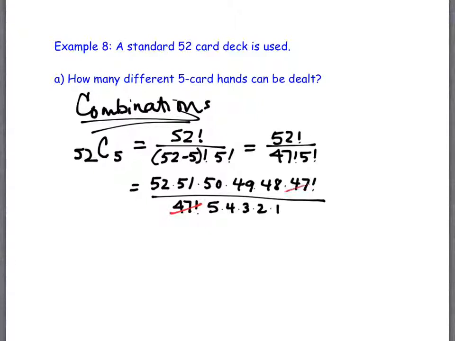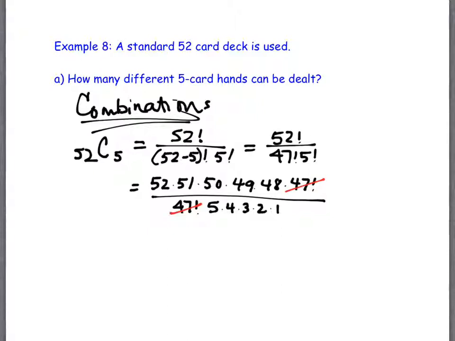All right, so the first big problem is the 47 factorial, and those go away. The next thing I'd like to do is, you can do one of two things. You can either just multiply everything on top, multiply everything on bottom, and divide, and that's perfectly fine. Or you can reduce things.